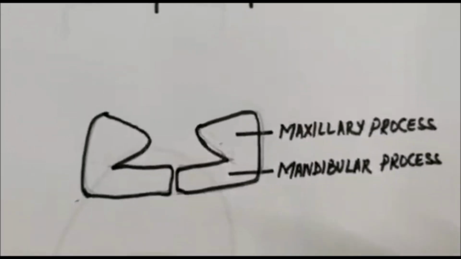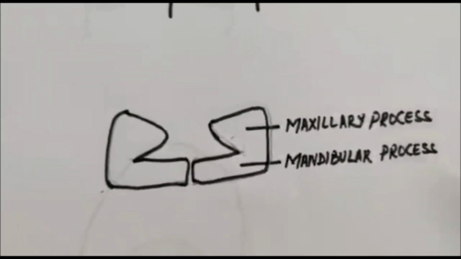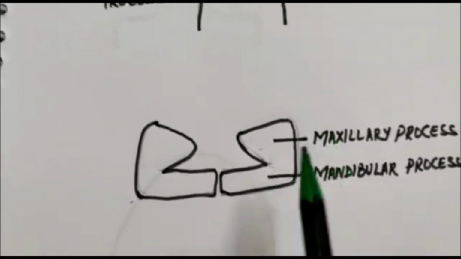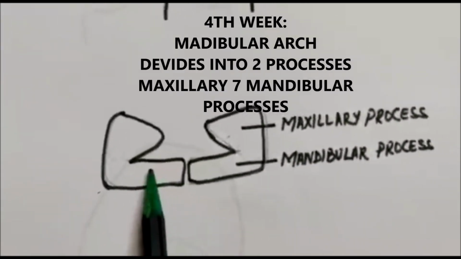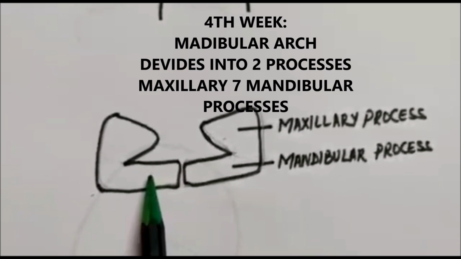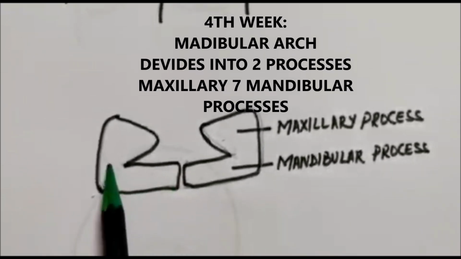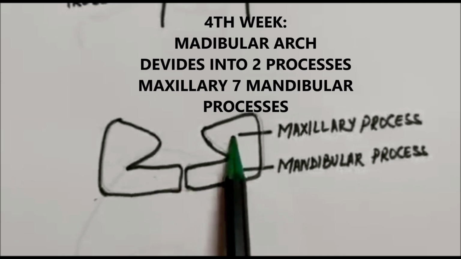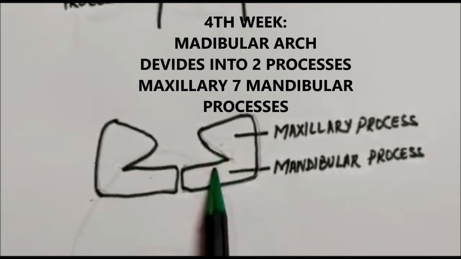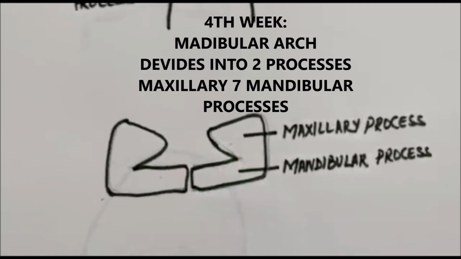Now the mandibular arch, which is formed around 4 weeks, since it is a large arch, towards the end of the 4th week starts dividing into two processes, the upper process and the lower process. The upper process is called the maxillary process, while the lower one is called the mandibular process.